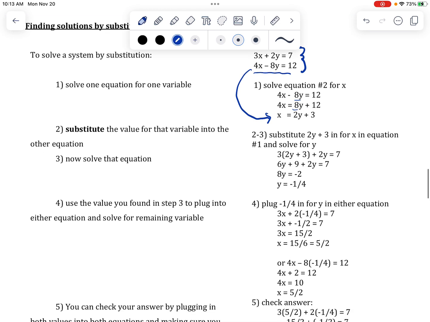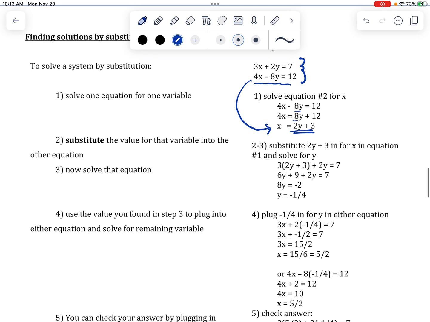Second step is to substitute this value in for x in the other equation. So for the x in this equation, I put in my 2y plus 3, I distribute, I combine like terms, I subtract my 9, and I get y equals 1/4.